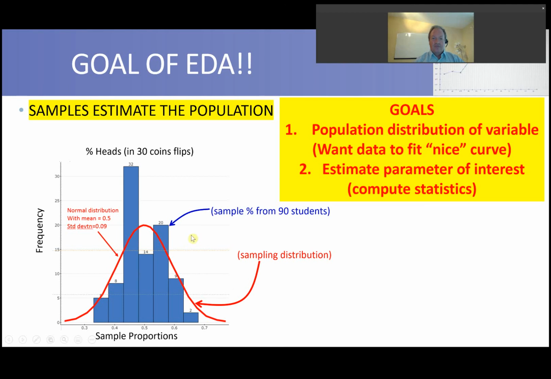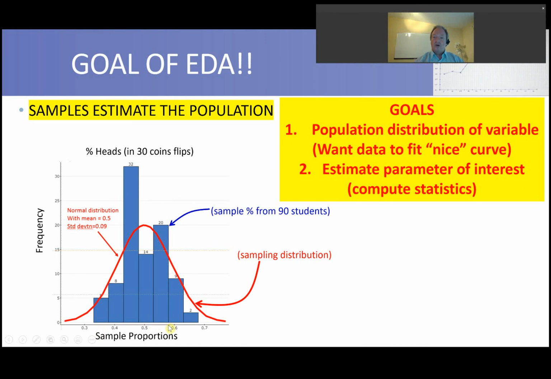In other words, if I had not 90 students, but 10 million students, and they all flipped a coin 30 times, and we recorded the percentage of heads for each student and plotted it, it would begin to approximate, in the limit of the number of students going to infinity, this nice smooth curve.